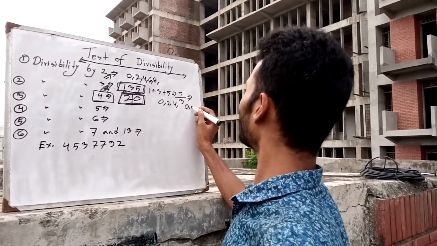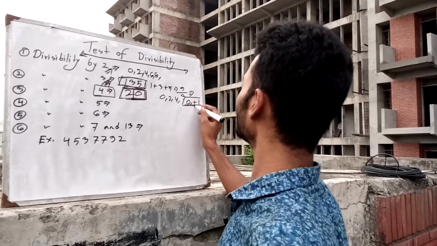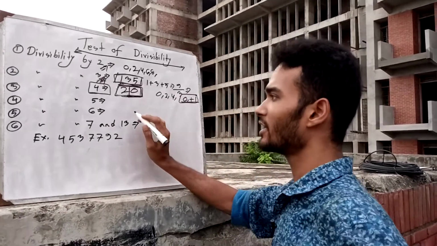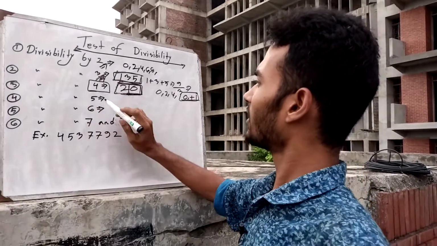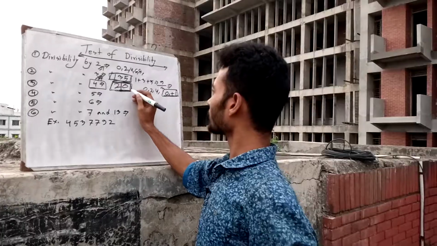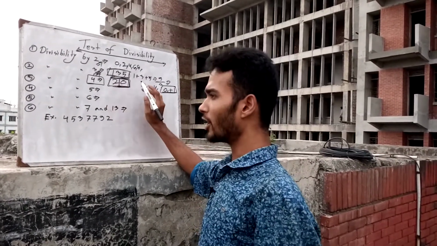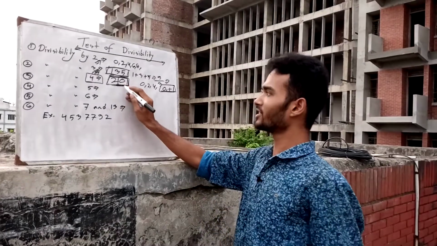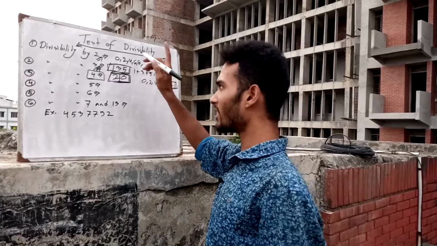To make it clear, if the last 2 digits of the number can be divided by 4, the number will be divided by 4.